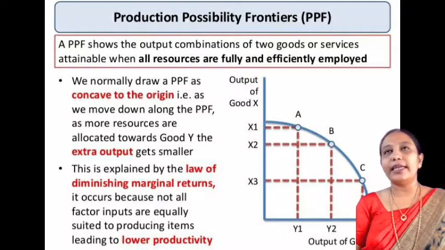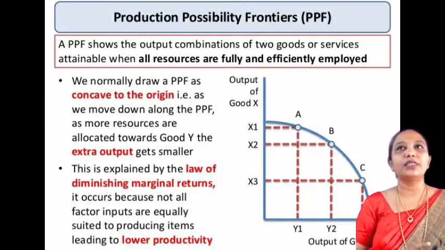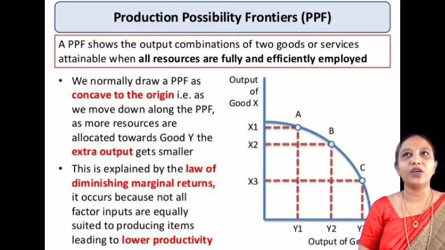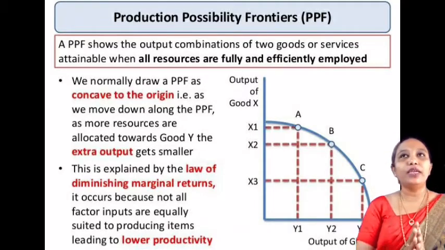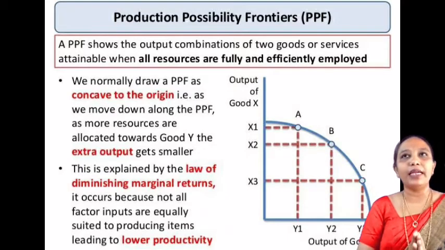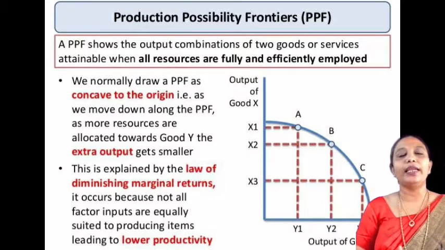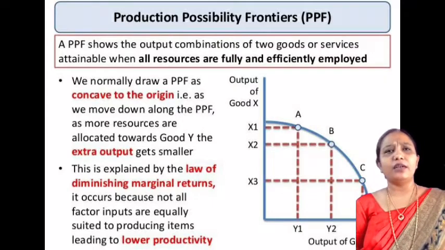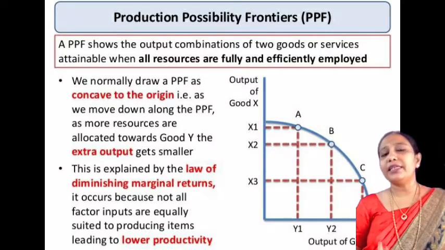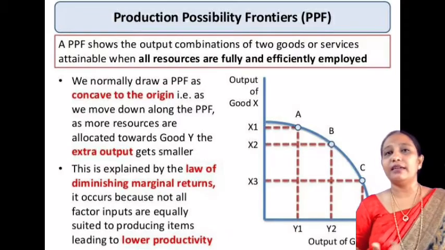Only two goods are taken under consideration, just for the sake of simplicity and easy understanding of this frontier. However, the analysis can be applied equally well to any combination of goods, but the best example taken is guns and butter.